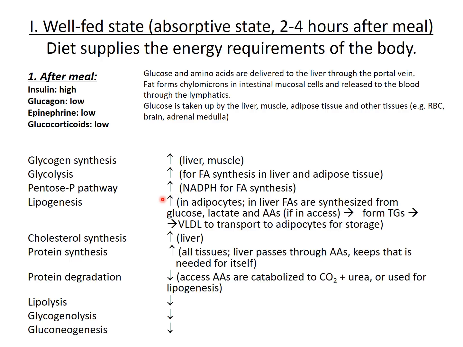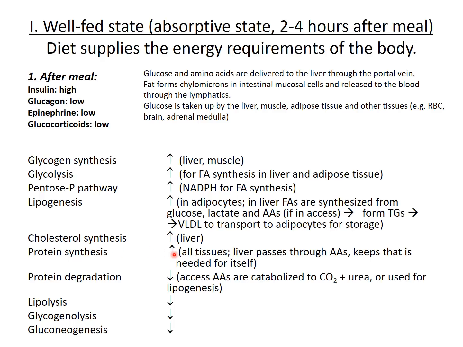Lipogenesis, triglyceride synthesis in adipose, in liver, producing VLDL, putting it out, adipose tissue taking it up, storing it away. Cholesterol synthesis in the liver, taking advantage of the incoming glucose, cholesterol is synthesized, packaged also in VLDL, and released to the general circulation for other cells to take cholesterol.